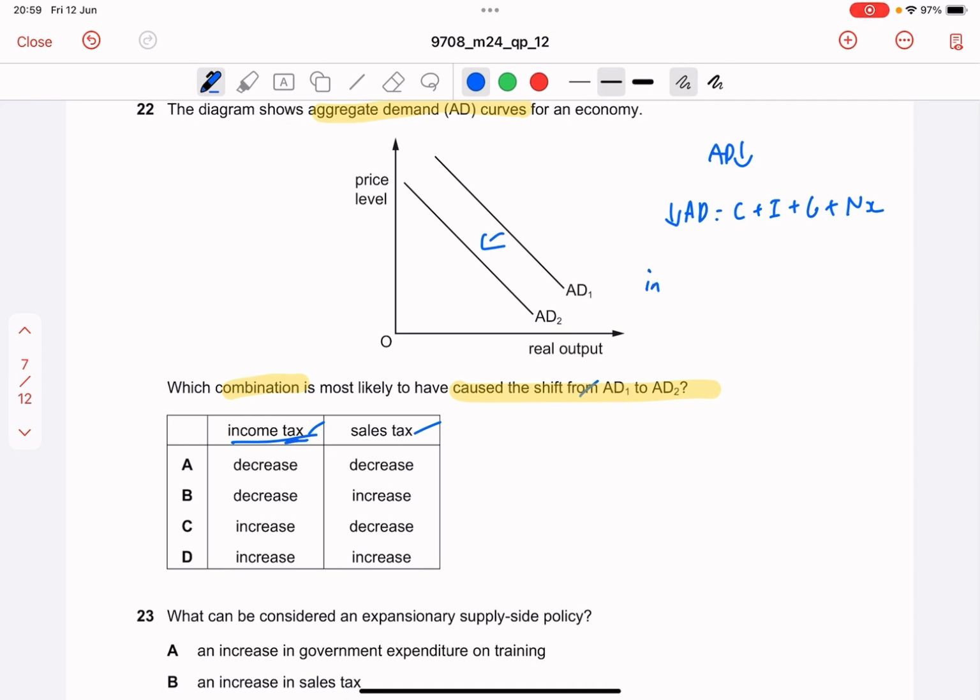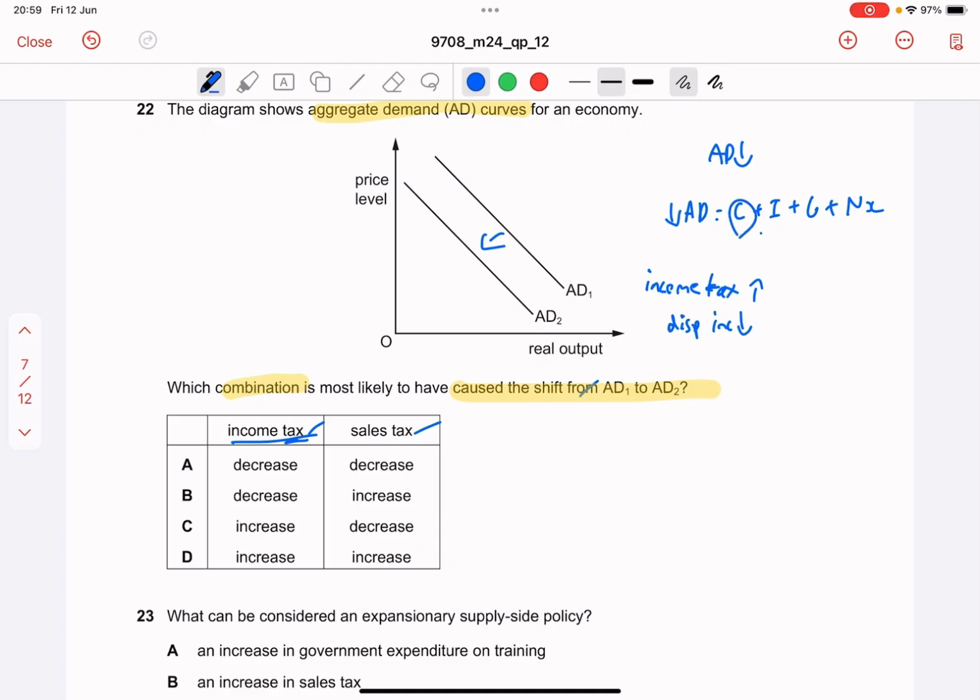Let's say if income tax increases, a higher proportion of income is being taken as tax, so disposable income decreases. If you have less income to spend, then you are likely to buy less because you can't buy more because you have a limited amount of income.